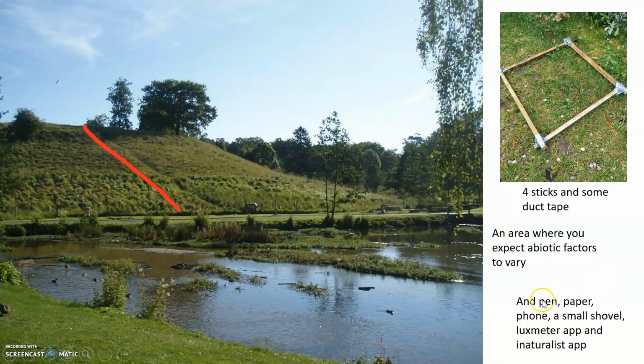Then you should also bring pen and paper, your phone, and a small shovel so that you can dig a little hole to look at the color and the texture of the soil. Then you should download a lux meter, like I mentioned before. And I would also recommend that you download an app called iNaturalist.